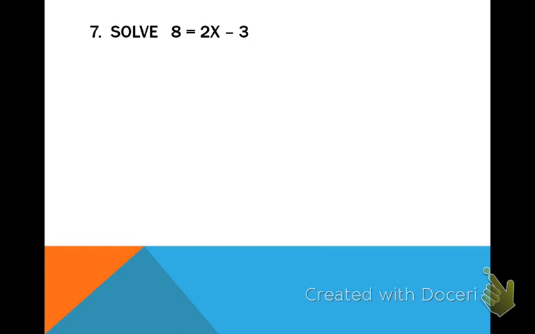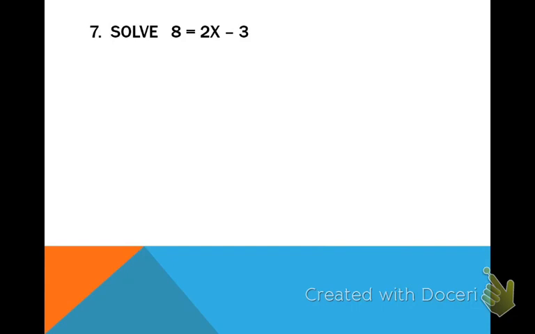Next up are two-step equations. Because if you're going to try to isolate the variable, and this one right here, we've got a couple of things we need to do. If you go back through your notes to the list where it says solving equations, the very first thing it says to do is to isolate the variable. And the first thing you need to look for is to undo any addition or subtraction first.